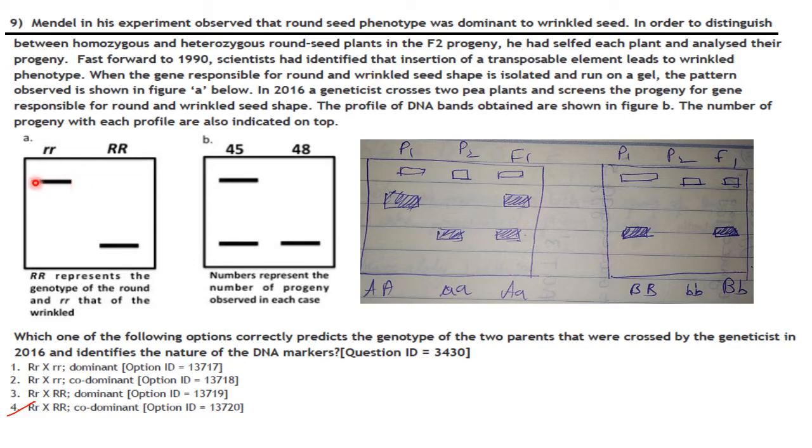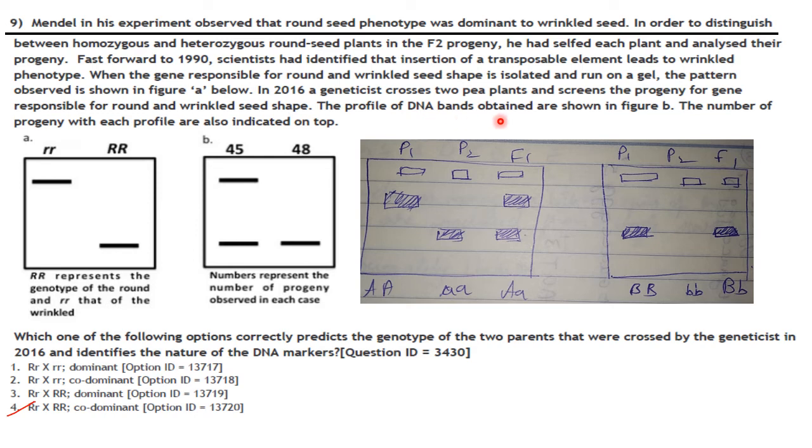So this band represents small r and this band represents capital R. Then in 2016, again fast forward, first it was in the 18s, then the 19s, and now it is the 20s. So in 2016, a geneticist crosses two pea plants and screens the progeny for the gene responsible for round and wrinkled seed shape.